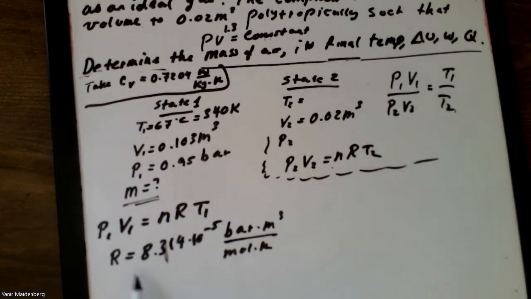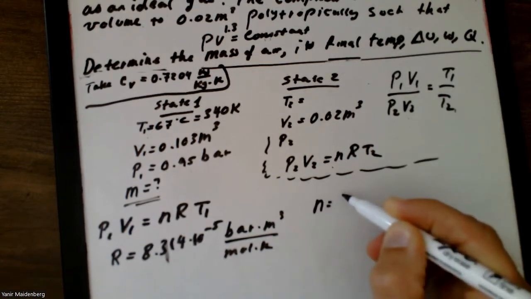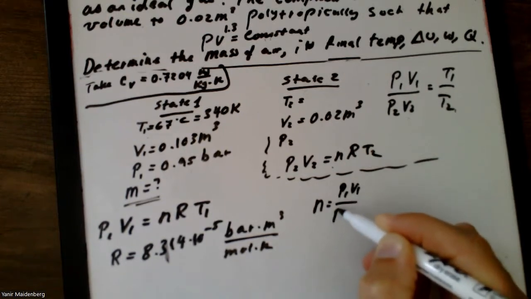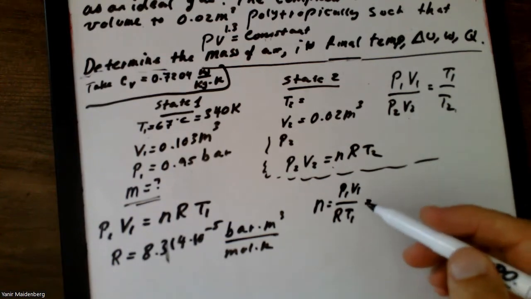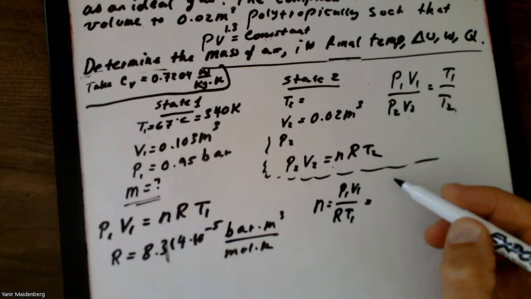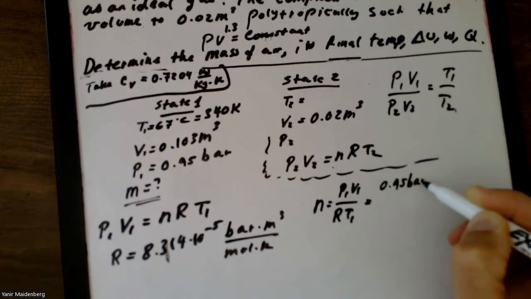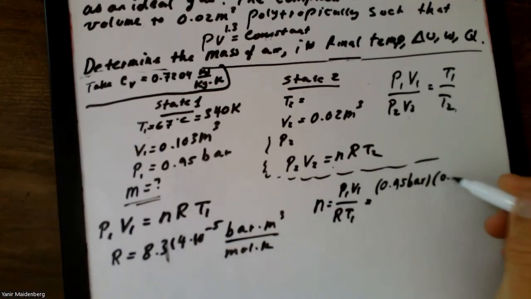Okay, so I'm going to apply that directly here. I have everything, so I'm just going to find n. So n is going to be P1 V1 over R T1. Okay, and from the moles, I can easily get the mass. So P1 is 0.95 bars. The volume is 0.103.